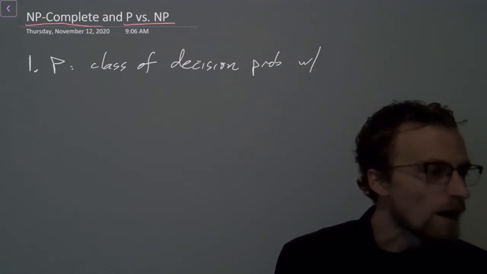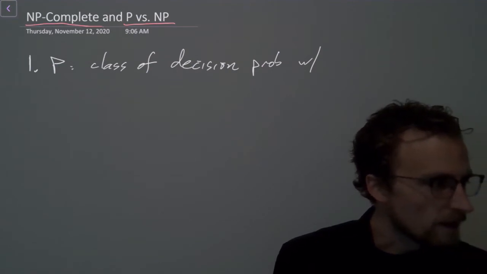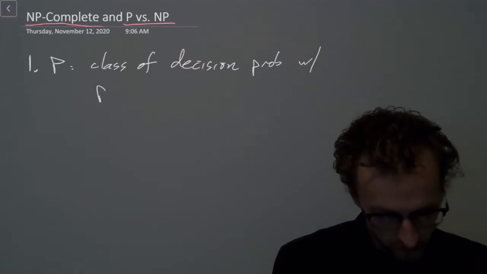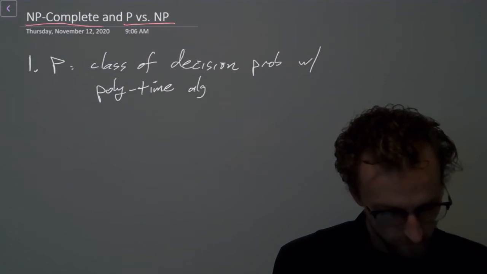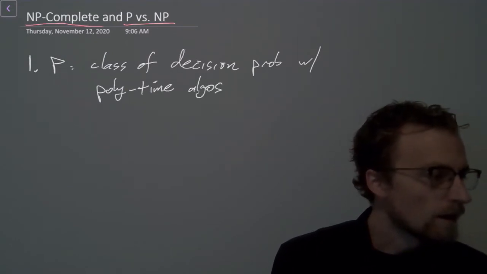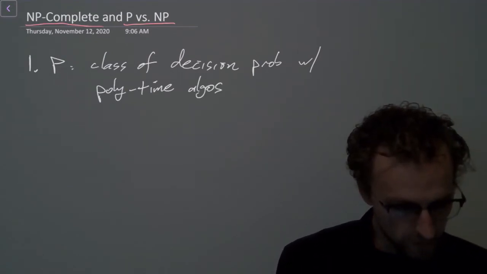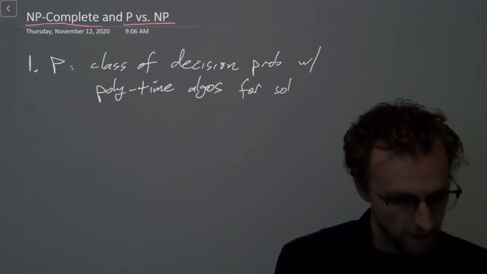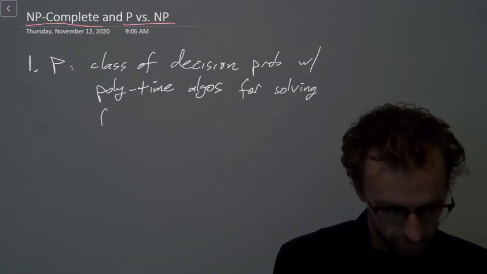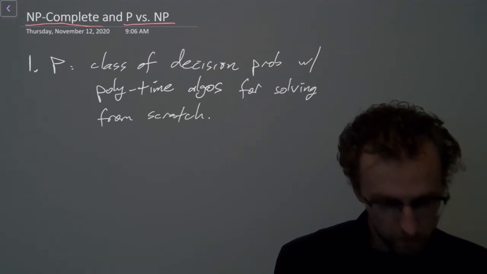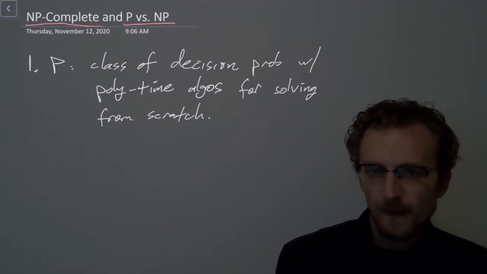So this is the class of decision problems with polynomial time algorithms for solving from scratch. If I give you an instance of a problem in P, I don't have to tell you anything else than the instance itself for you to be able to solve that problem with a polynomial time algorithm.